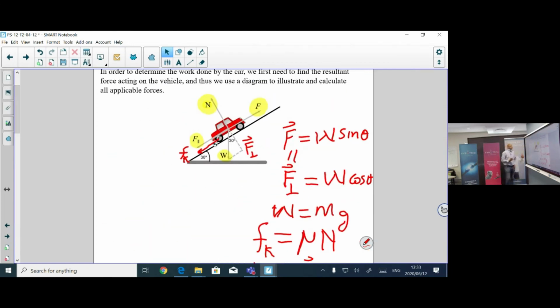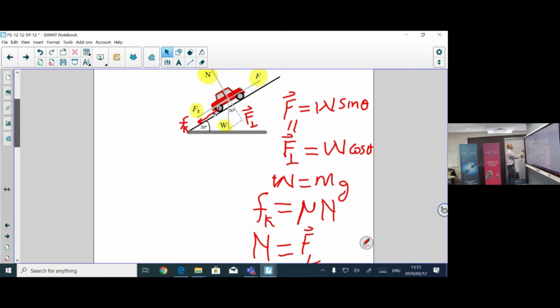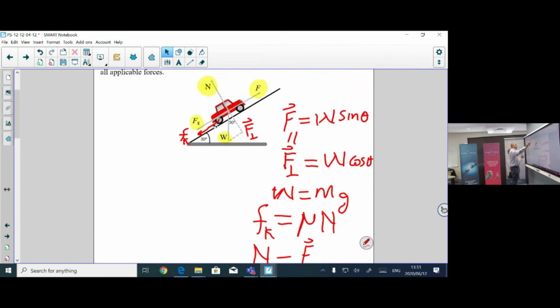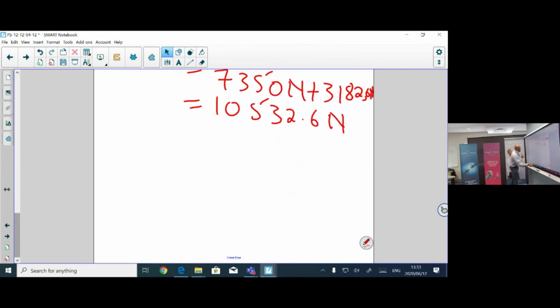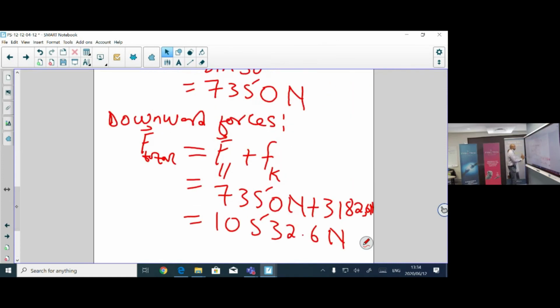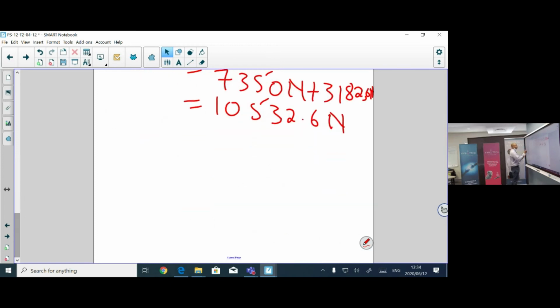Let us calculate all the forces that are pointing upwards. It's only the applied force. Downward forces, upward forces.